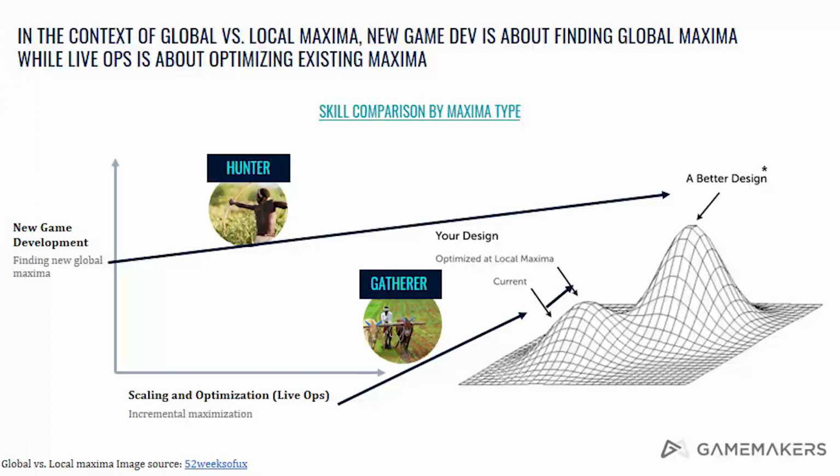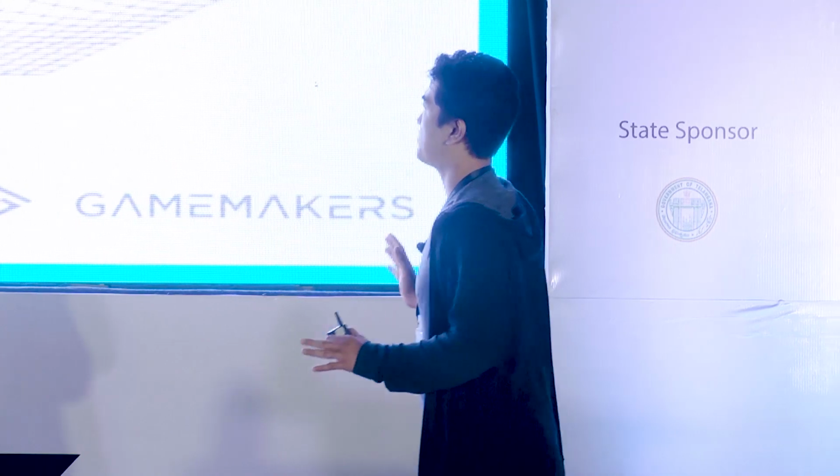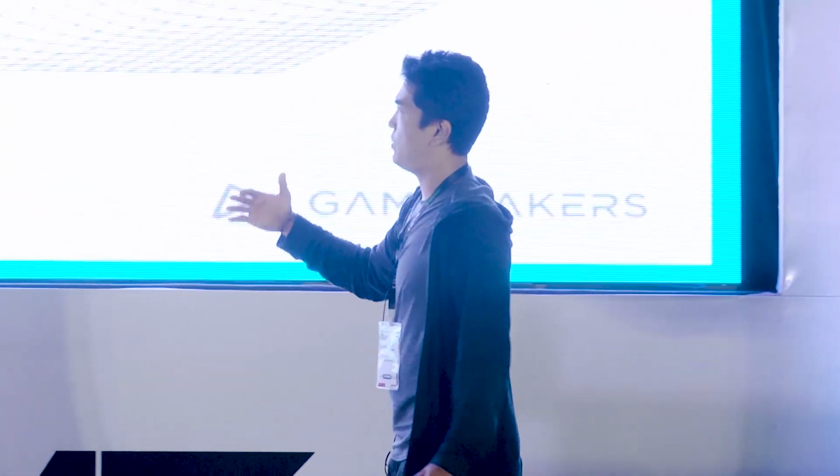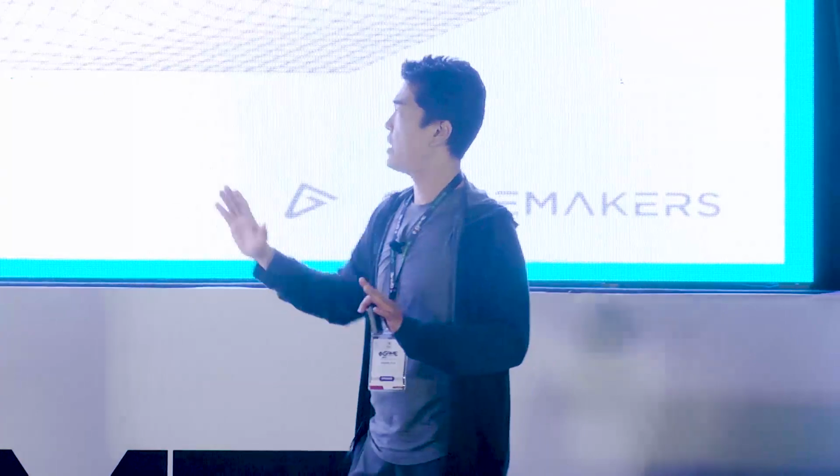Okay, so I wanted to now talk about this concept of new game development and live ops in the context of local versus global maxima. I'm pretty sure many of you are familiar with this concept, but one other way to view this difference is through primitive job functions, where new game development is about finding new big global maxima.